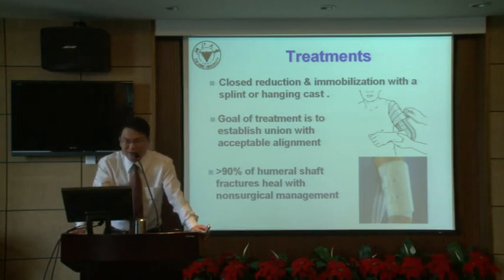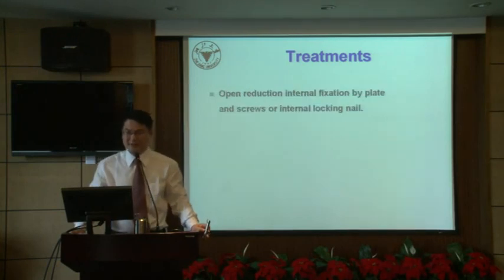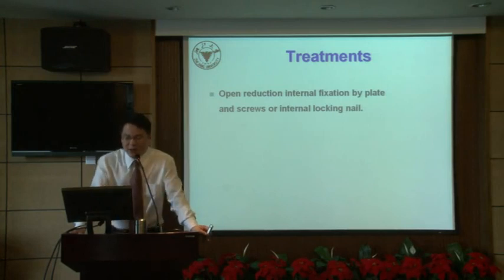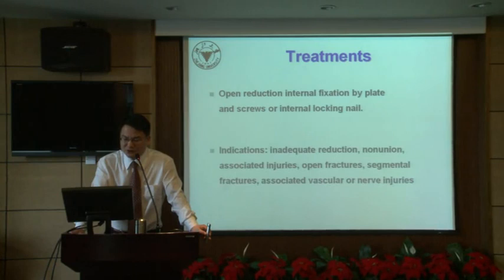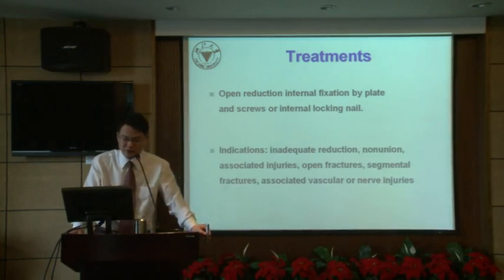But in real life, particularly in our hospital, a lot of surgeons prefer surgical treatment, as it has a lot of advantages. Open reduction and internal fixation by plate and screws, or internal locking nails, are the most commonly used methods to fix the fractured humeral shaft.